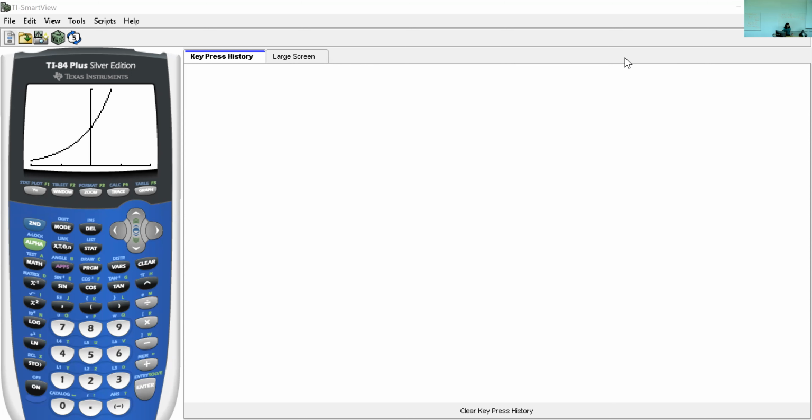So last class, we drew e raised to x, and the y-intercept was at y equals 1, with the horizontal asymptote at the x-axis. When you graph an exponential, what should you put? Something important. Right.